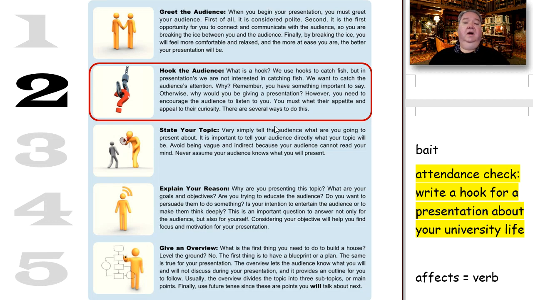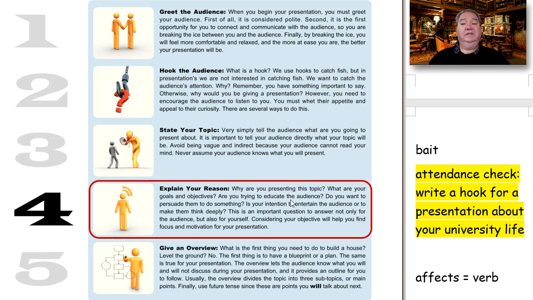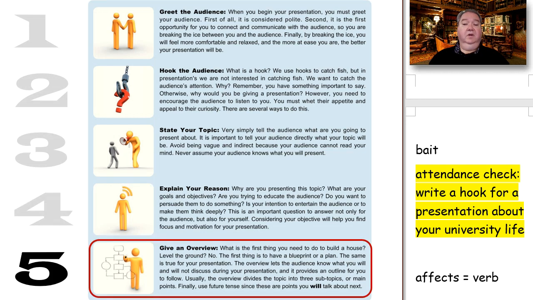Then you state your topic. What are you talking about? And a reason. Why should the audience care about your presentation? What will the audience learn from your presentation? How will your presentation help the audience? And then the overview. How many sections are there? What are the main ideas that you're going to be talking about?